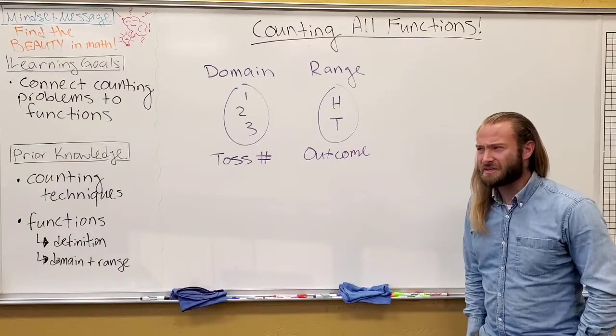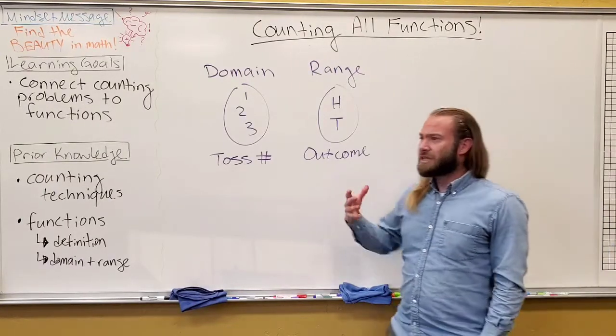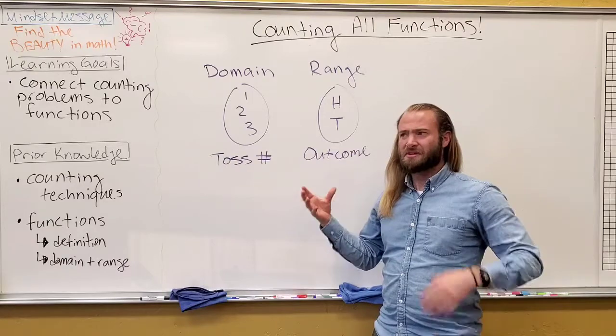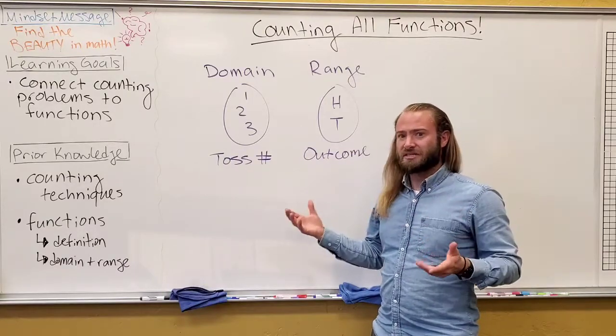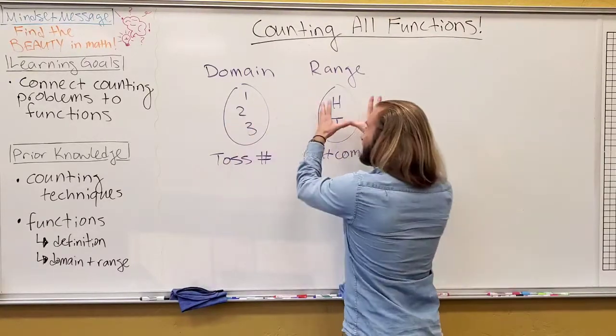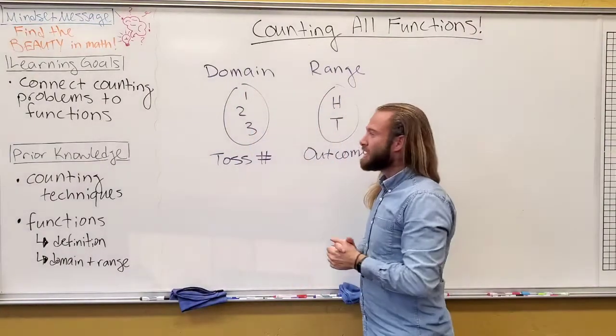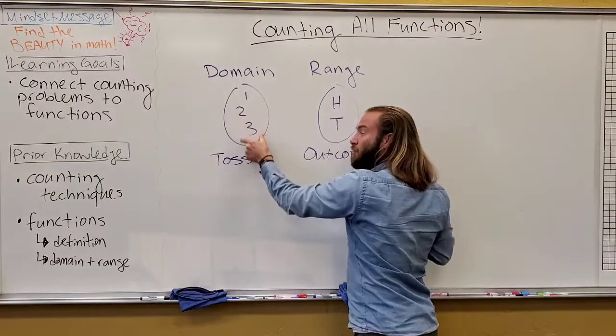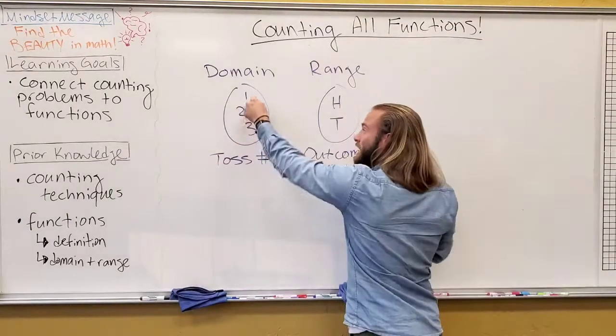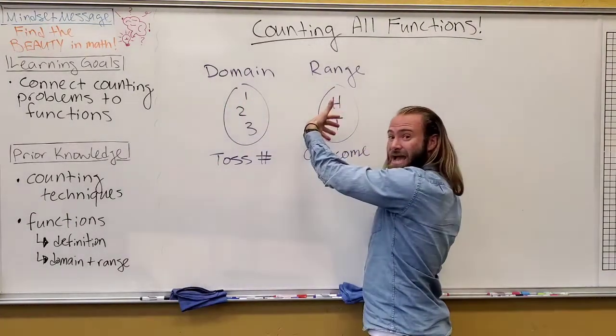So if we want to think of this involving functions, let's go back to something important. Remember that a function, really all it is, is taking one set and another set and pairing the elements in the sets together. Now really what we need to do is make sure everything in the domain, remember that's like our inputs, is going to have a match.